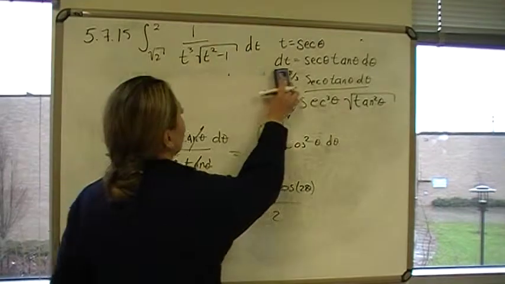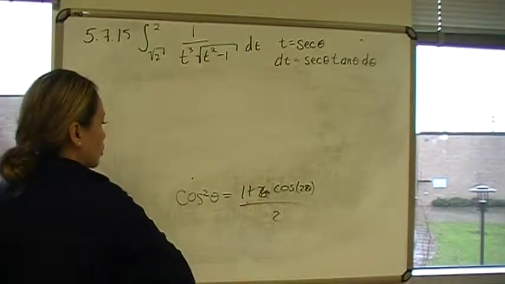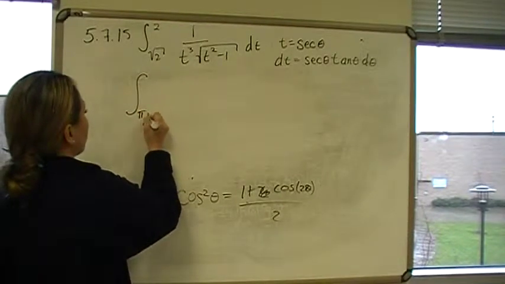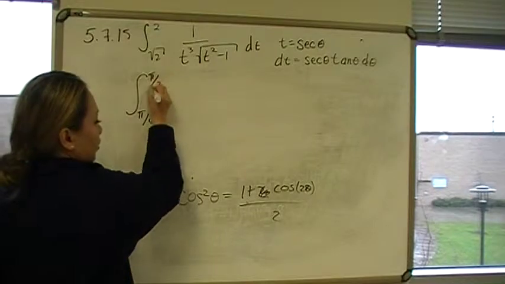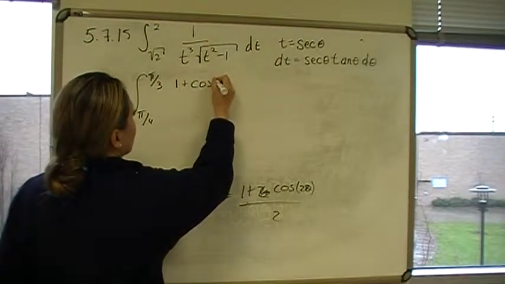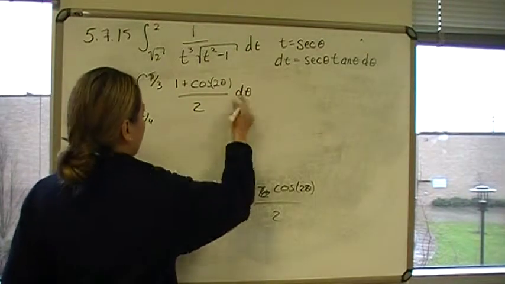So then this becomes a really easy integral. Once we make that substitution, we have the integral from pi over 4 to pi thirds of 1 plus cosine 2 theta over 2 d theta.